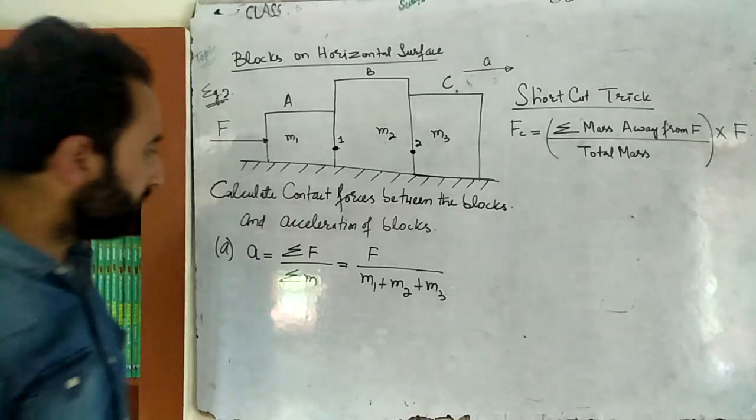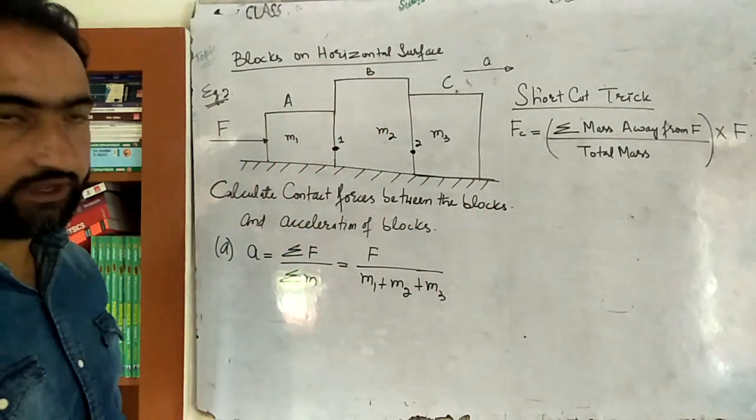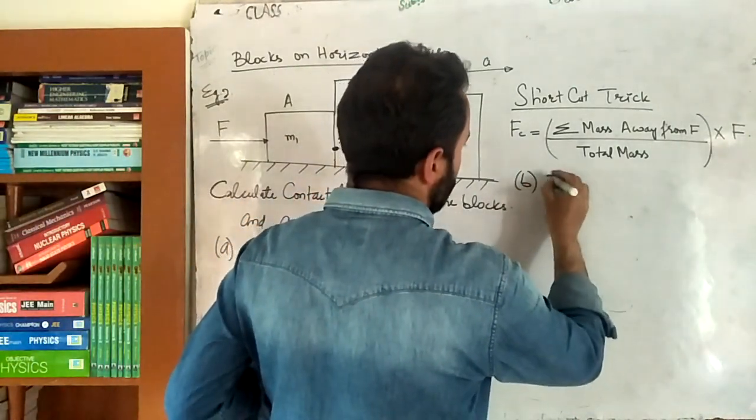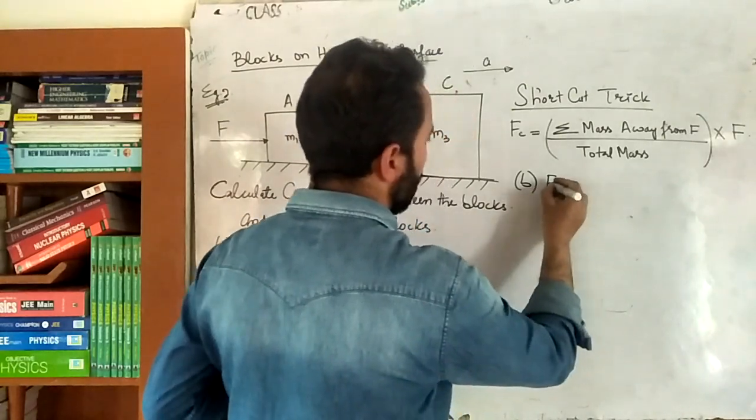Now using this trick we can calculate straight away, or we can do it orally as well. So next is part B, we have to calculate the contact force. Let's first calculate the contact force at point 1. F1 is the contact force at contact 1.